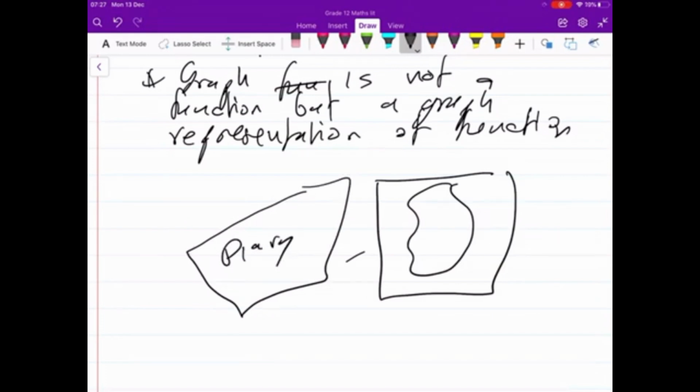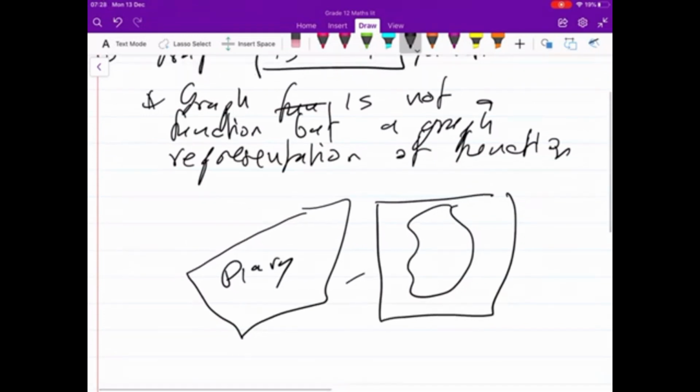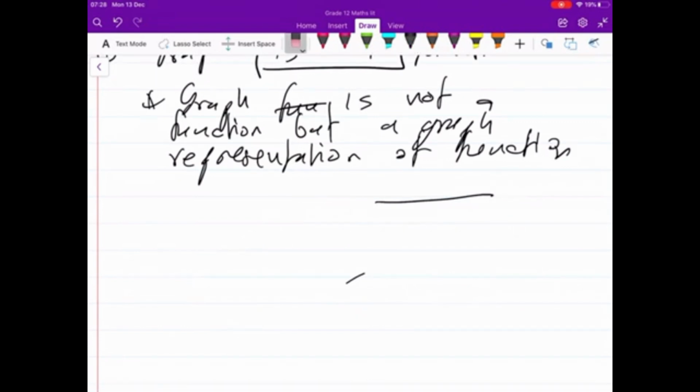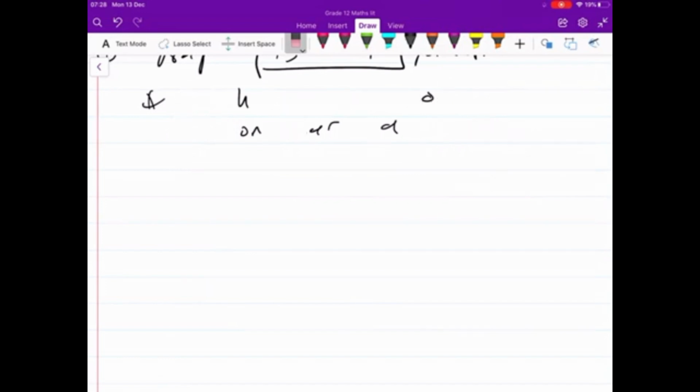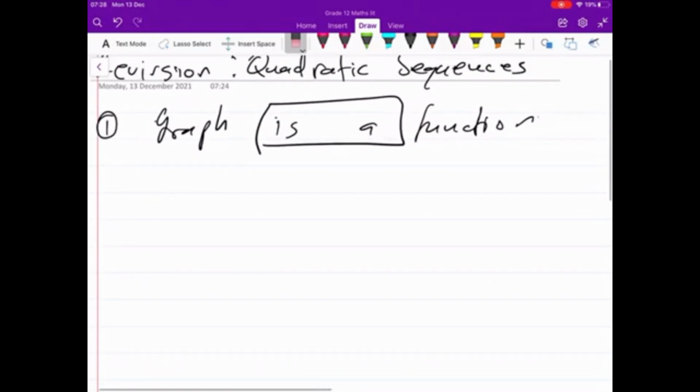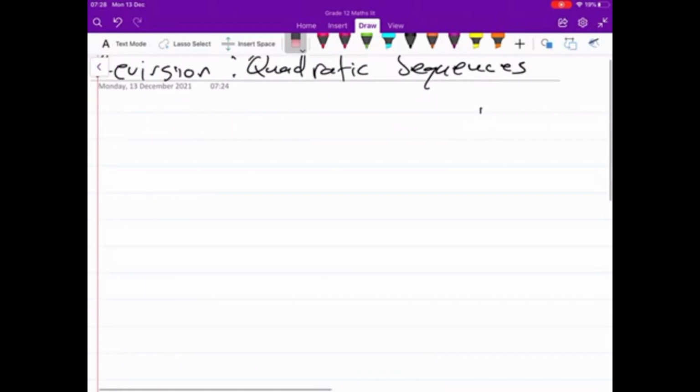So a diary gives them a particular way that they can relate to you, and a picture gives them a particular way in which they can relate to you. So once we get the idea that a graph is not a function, but a graph is a representation of a function, we then realize that a function can be represented in many ways.